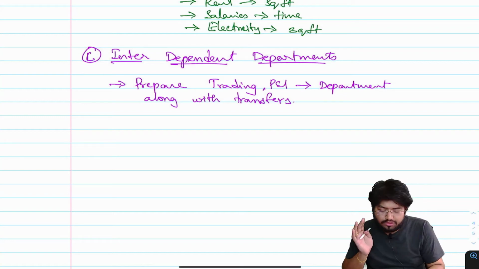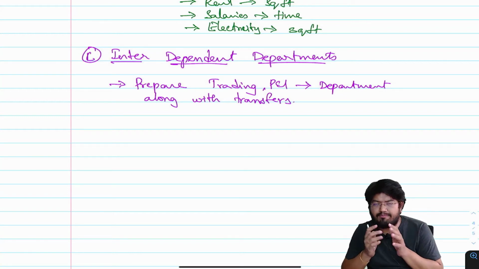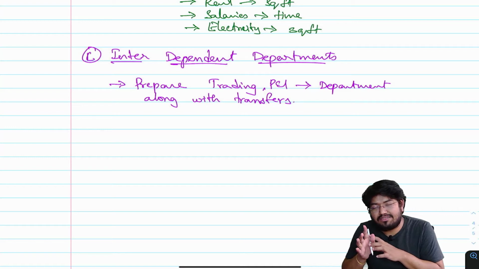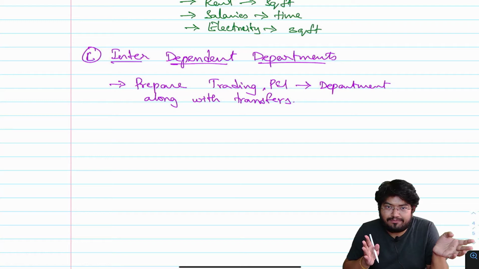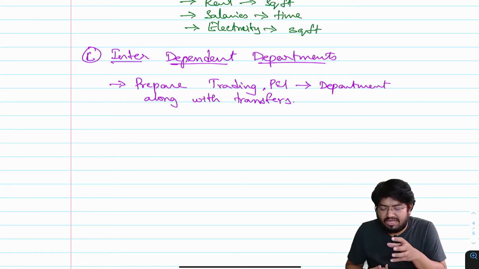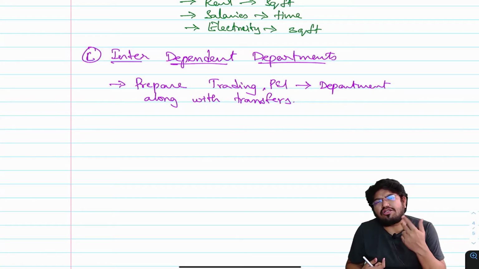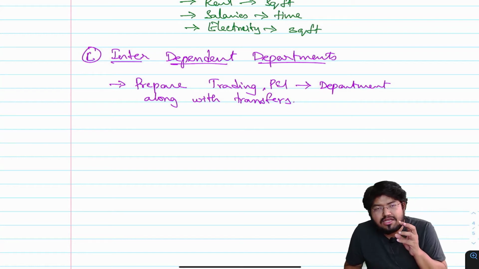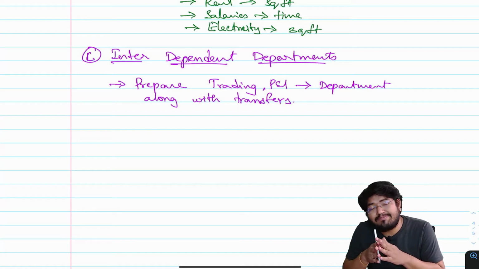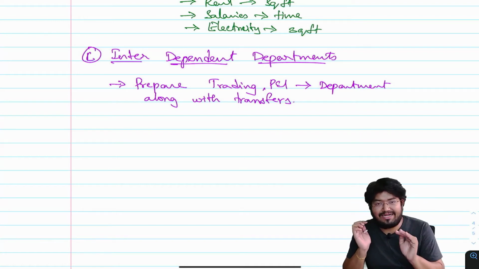Those transfers are an important aspect, because at times in these interdependent departments, the department will transfer to the next unit, next department, and this department can also sell it to outsiders. If it produces an intermediary product which has an open market, I can also sell it outside, no? In which case you should be cautious about how much is being sold to outsiders and how much is being transferred to the next department. Such clarity is supposed to be maintained.